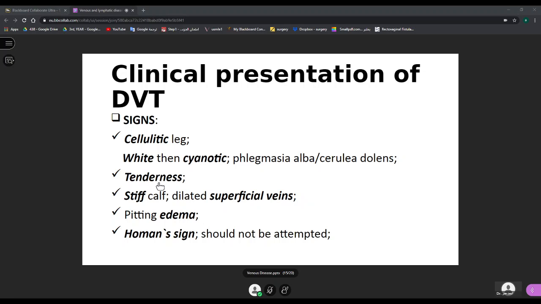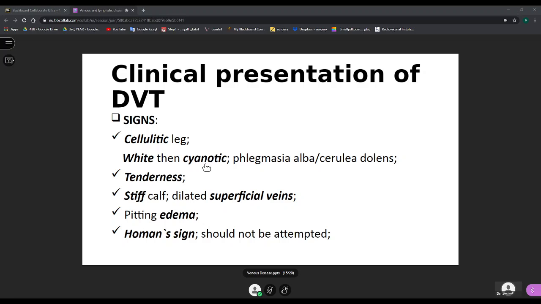Okay. So regarding this white and cyanotic, when you get swelling in the calf muscles or in the leg, then the blood flow will be low, and this will result in a whitish color. This is known as phlegmasia alba dolens.